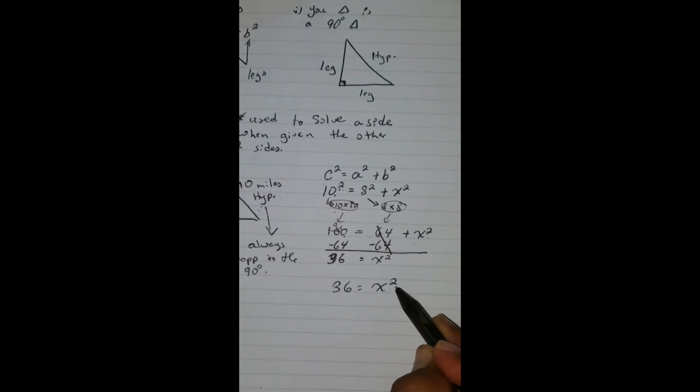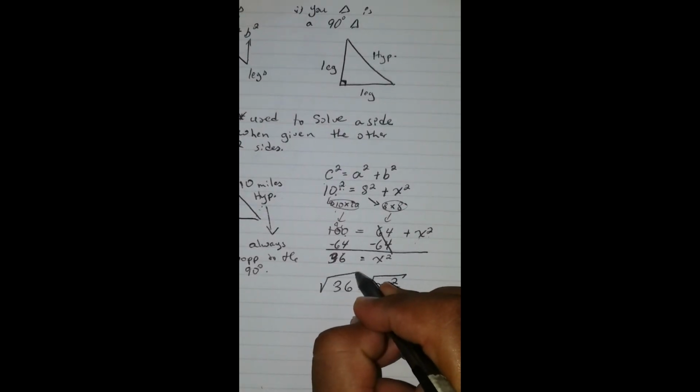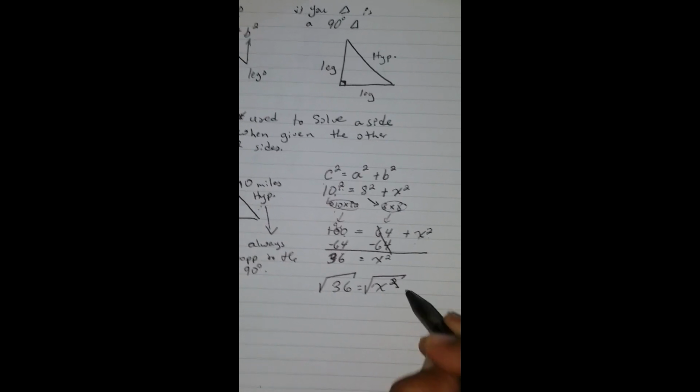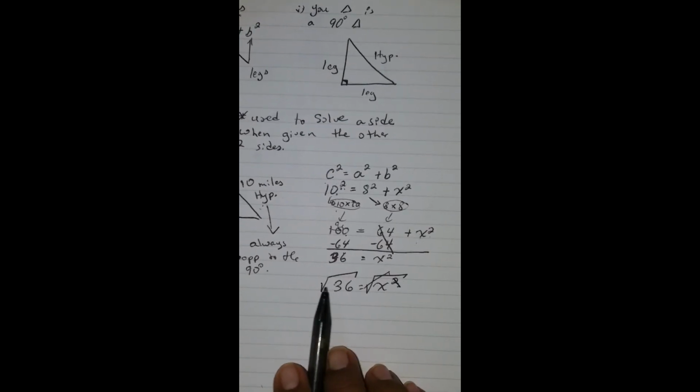To get rid of the squared, you square root on that side, and you square root on that side. The square and the square root will cancel, leaving you only with x, right? And then the square root of 36, sorry.